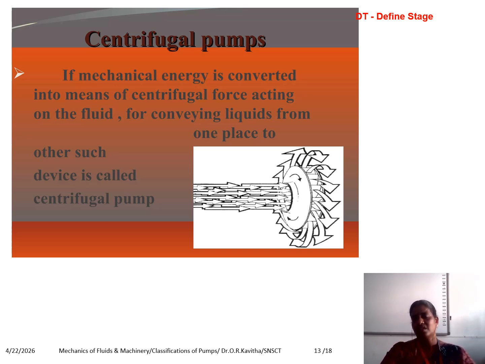So how does this work? Here the mechanical energy is converted into hydraulic energy by means of the centrifugal force which is acting on the fluid. So due to the creation of centrifugal force, the water will be lifted from the lower level to the upper level.